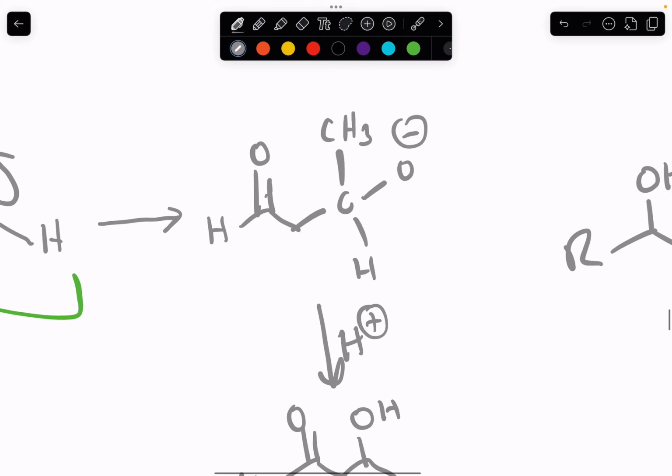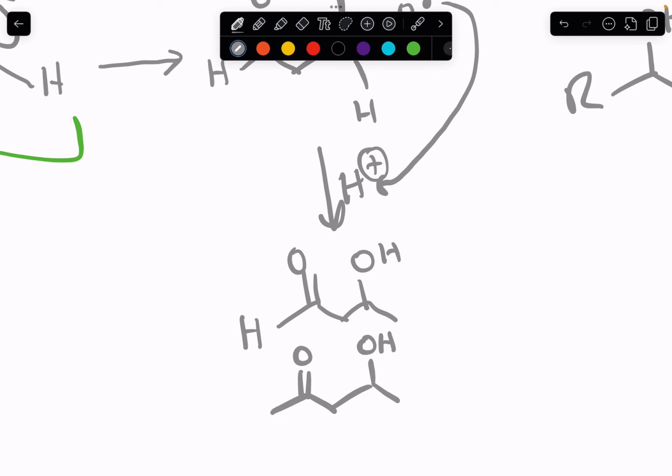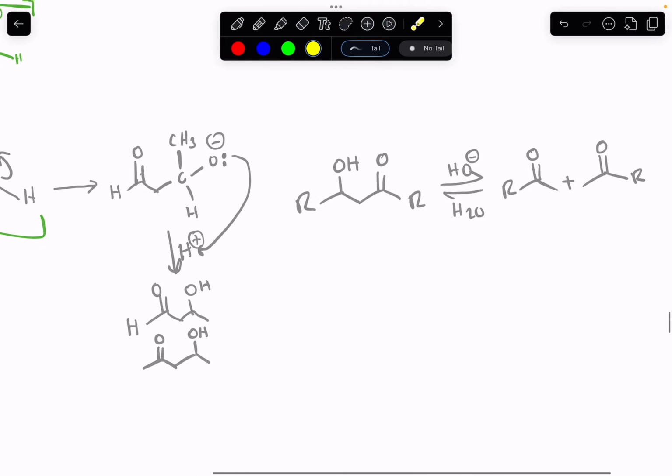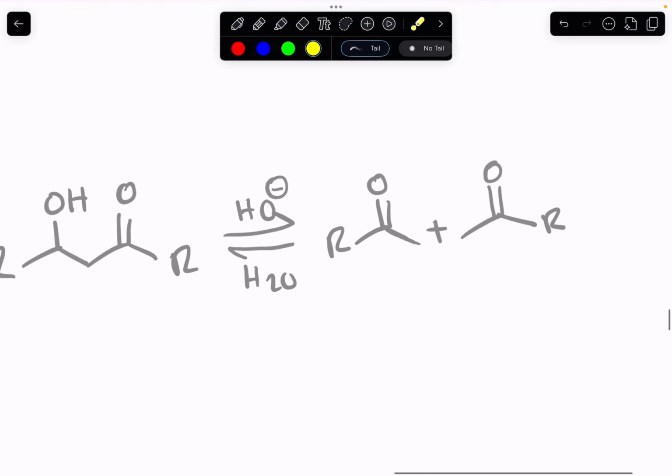Now we know that we don't like charges, so that's when we're going to use an H plus ion in solution. And then there we go. You have your aldol or your ketol. That's what I call the second one, because chemists decided to name them the same thing. Those guys are weird. So you can go back and forth.